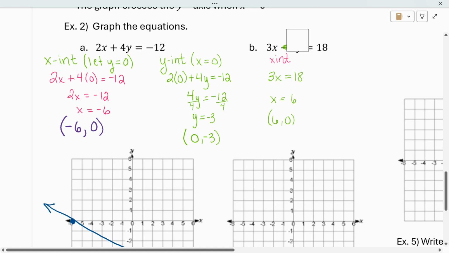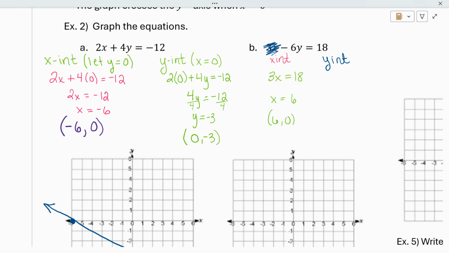If I want to find the y-intercept, I have to cover up the x. So I just cover it up. I use my finger and I cover it up. On the screen, I'm covering it up by just scribbling it out. What equation do I have here? Yeah, negative 6y equals 18.